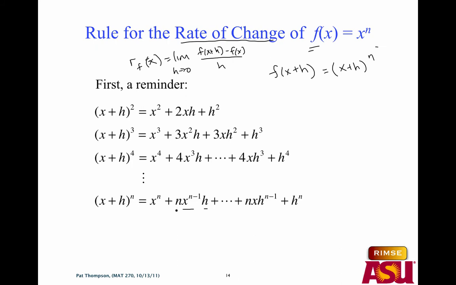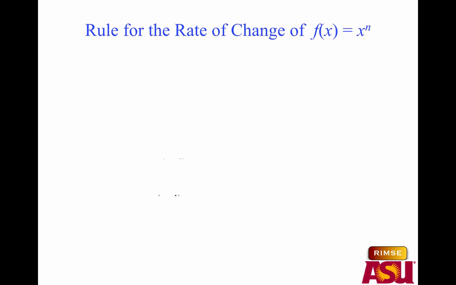But the thing to pay attention to, because of the structure you get when you expand this out, is that all of the terms after the first term have an h in them. Everything in this dot dot dot has an h, and everything at the end has an h. That's just a reminder so that we can proceed.